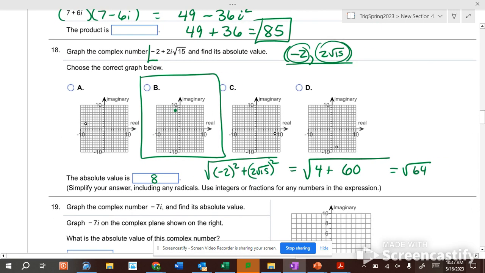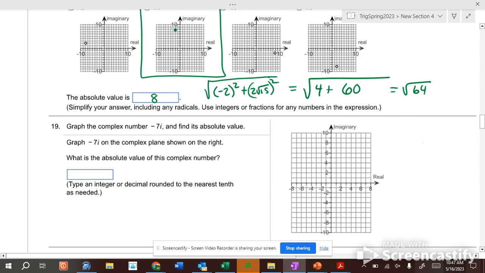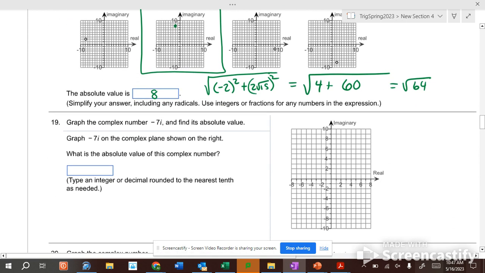All right, so let's graph now. Where would negative 7i be on this graph? Does it have a real part? No. So the real part would be 0. So it'd be like 0, negative 7, because the i part is the y value.